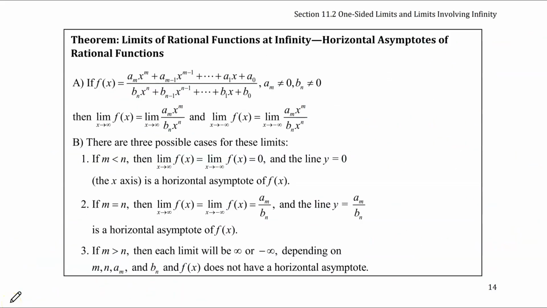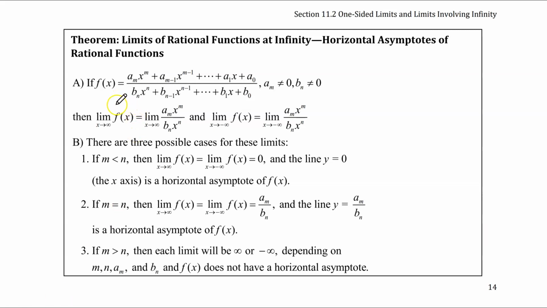Next, let us consider the following theorem to help us determine the limit of rational functions at infinity. This theorem will also help us identify the equation of the horizontal asymptotes of a rational function.